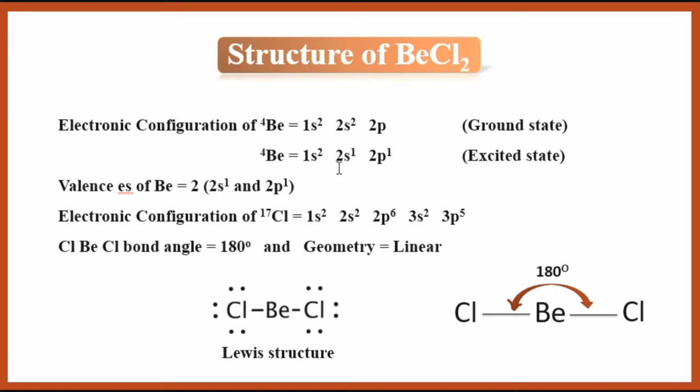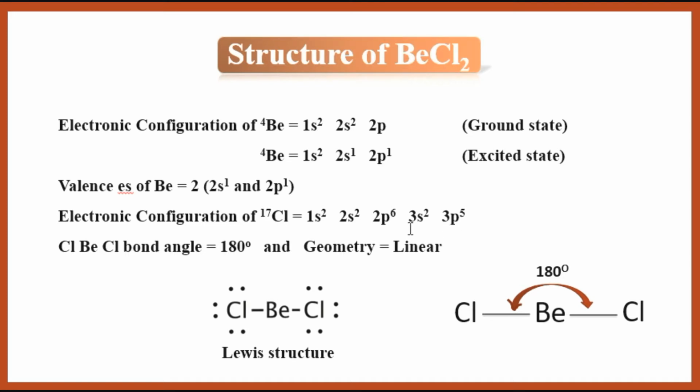Since these 2s and 2p orbitals are in the second shell, these electrons are termed valence electrons. Now the other two ligands are chlorine atoms. The electronic configuration of chlorine, having atomic number 17, is this one, where the valence electrons are in the 3s and 3p orbitals.